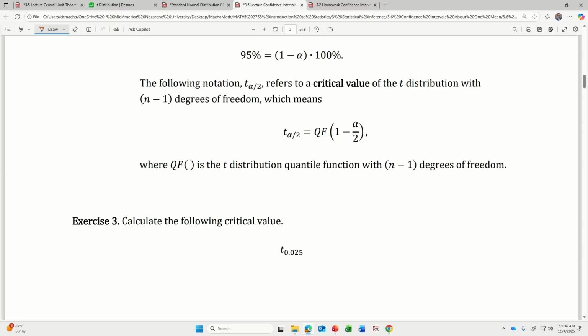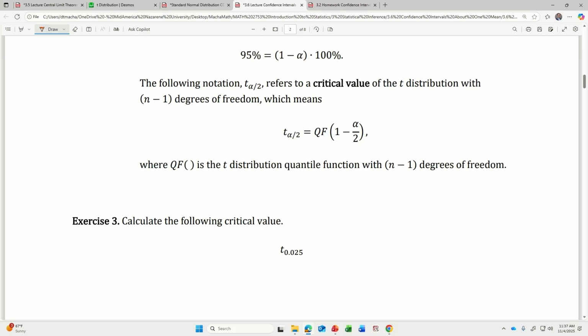But what's my point? We have little lowercase t's now instead of z's. Whenever we're talking about the sample mean and the population mean, we're going to use these little t critical values. And that means whenever I take the quantile function of 1 minus alpha over 2, this is not the standard normal distribution quantile function, this is the t distribution quantile function.